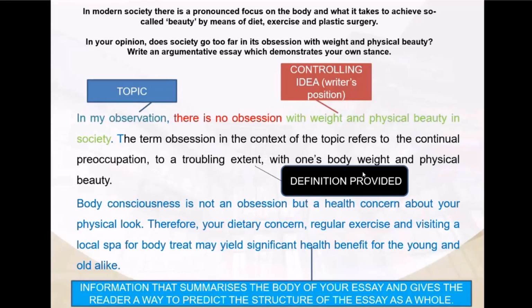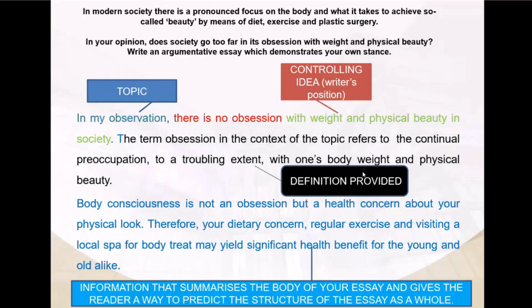So there is a pronounced focus on the body and what it takes to achieve so-called beauty by means of diet, exercise, and plastic surgery. This is just information given regarding the topic.